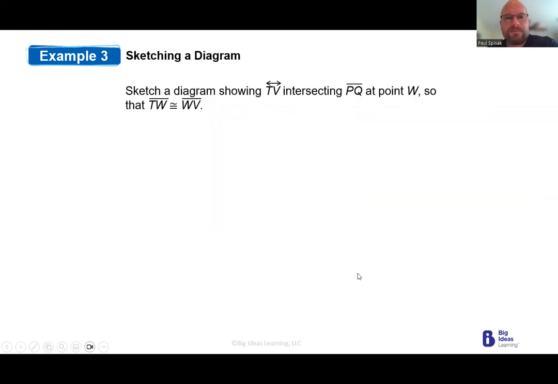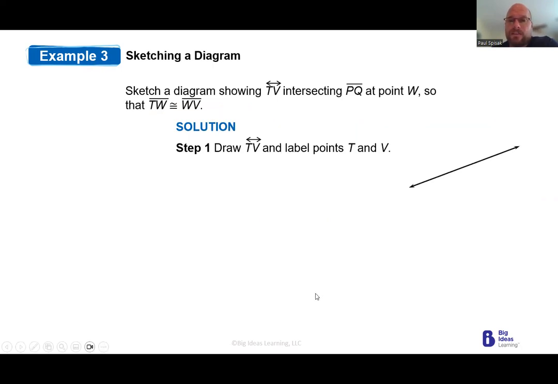All right, example 3, sketching a diagram. So now this one says sketch a diagram showing line TV intersecting segment PQ at point W so that segment TW is congruent to segment WV. All right. So first thing we need to draw is line TV and label the points. So there's TV.